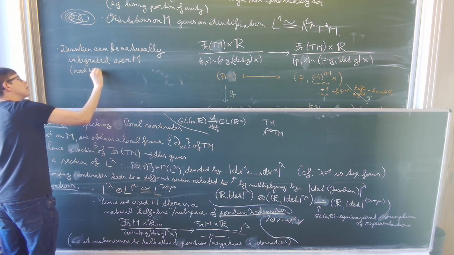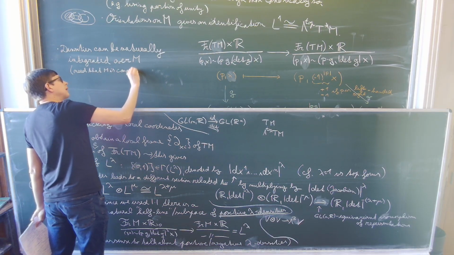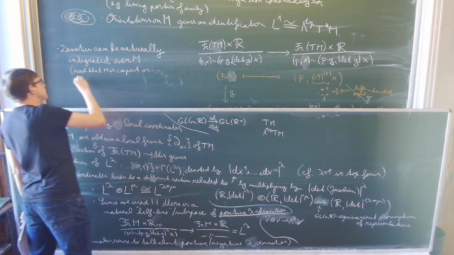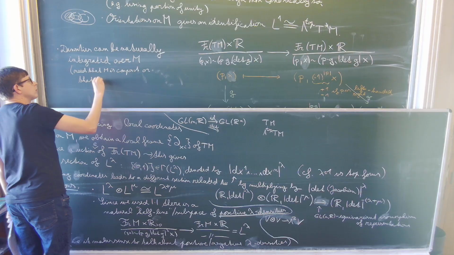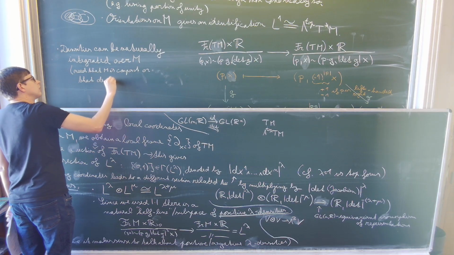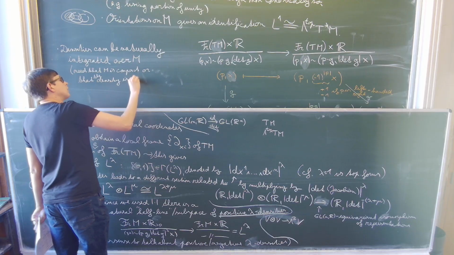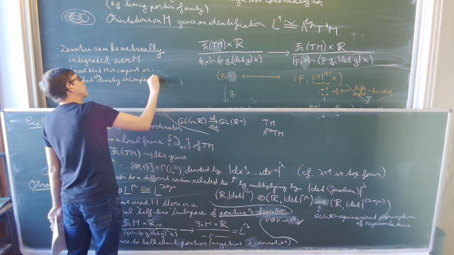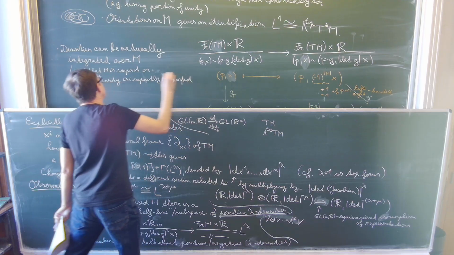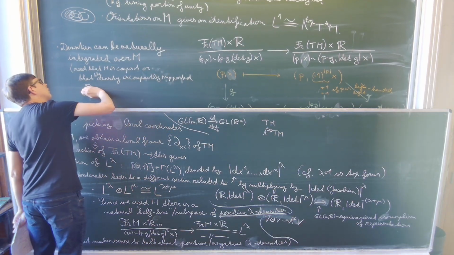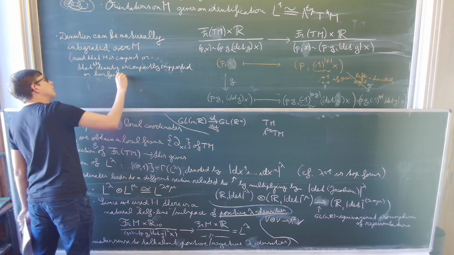Okay, so here we need that M is compact, or that the densities are compactly supported or fall off fast enough. So the usual stuff you need: compact support, or fast enough fall off.